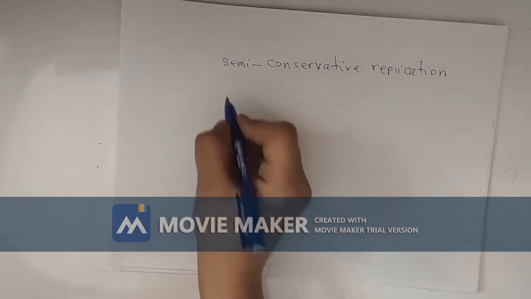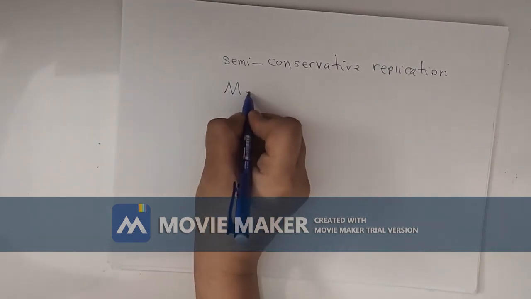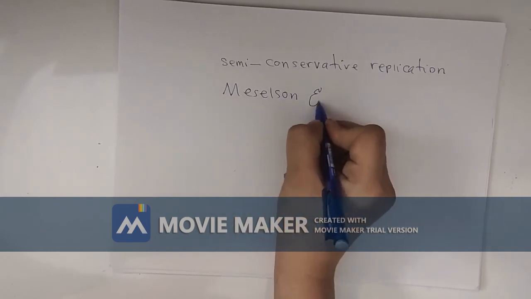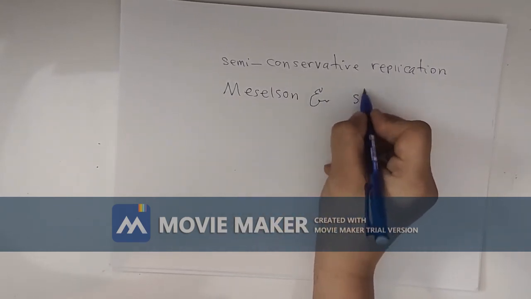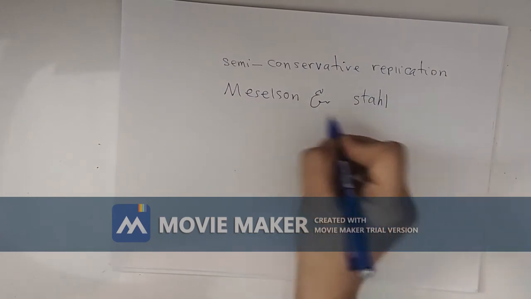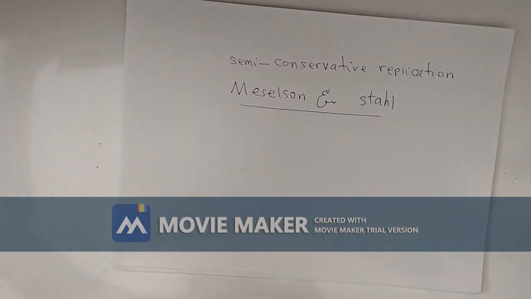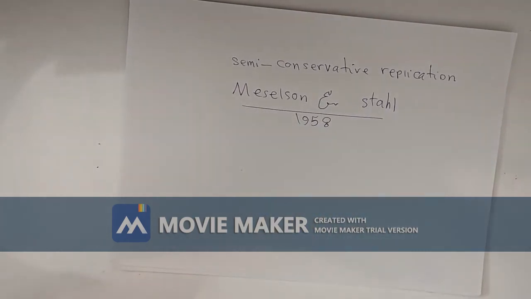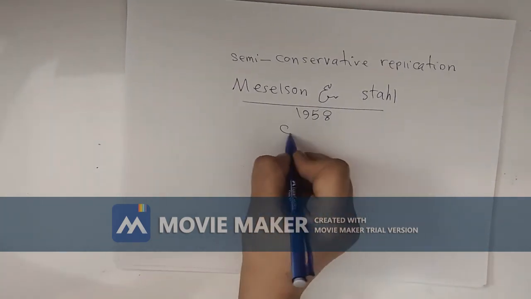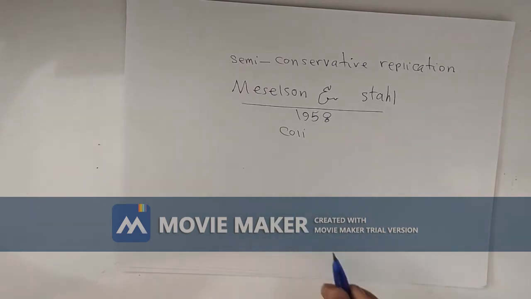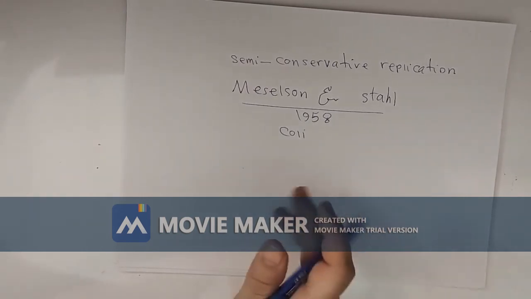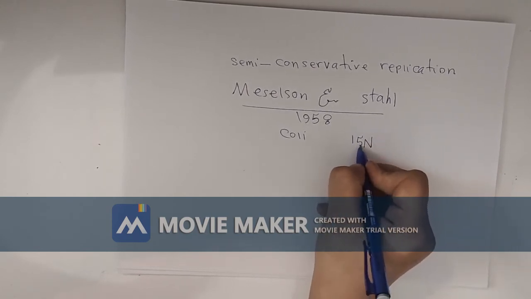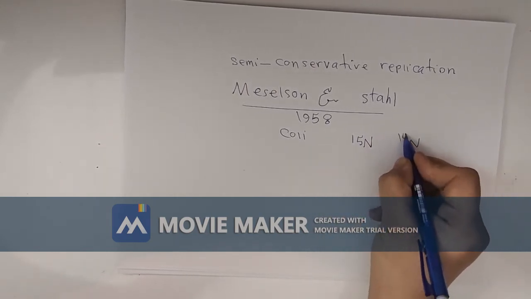The scientists' names were Meselson and Stahl. In 1958, quite a long time ago, they used E. coli, a bacteria, and two nitrogen isotopes, nitrogen 15 and nitrogen 14.